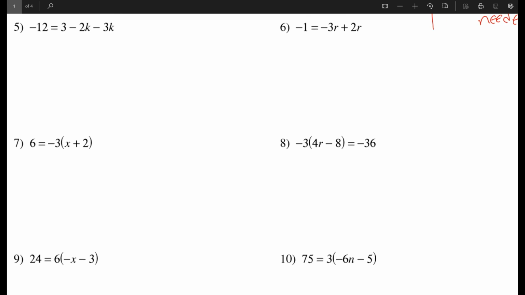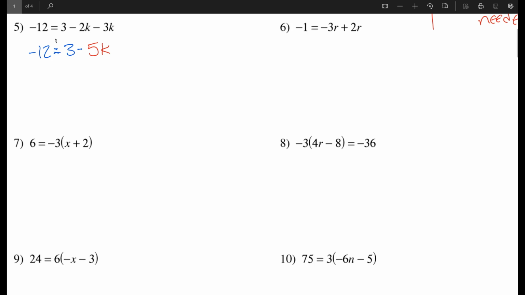Step 2.5, we'll call it, is combine like terms. So let's come down here and let's combine like terms. I have a negative 2k minus 3k. Hopefully you see that negative 2k minus 3k is going to produce this. I have negative 12, because that comes down, equal sign, 3 minus 5k, because I had a negative 2 minus 3 more is going to give me negative 5.